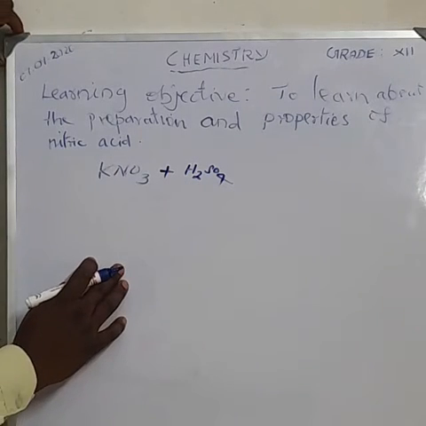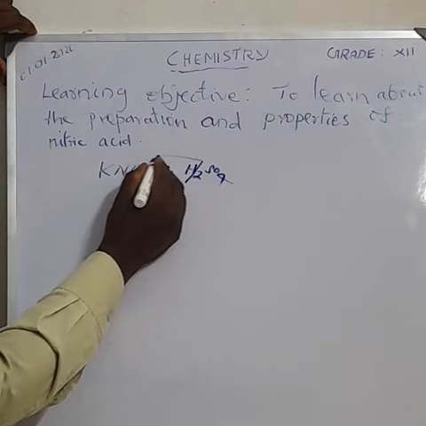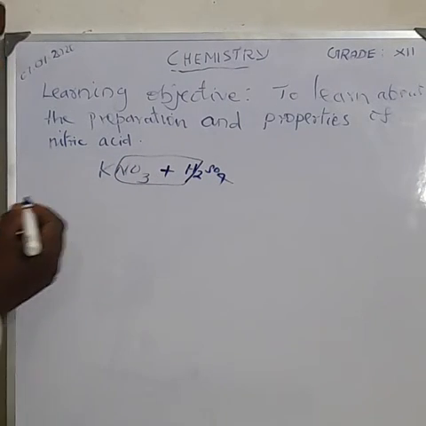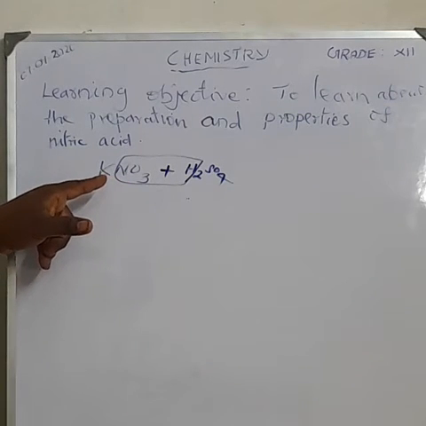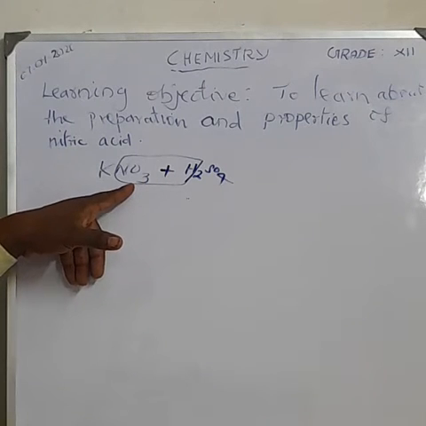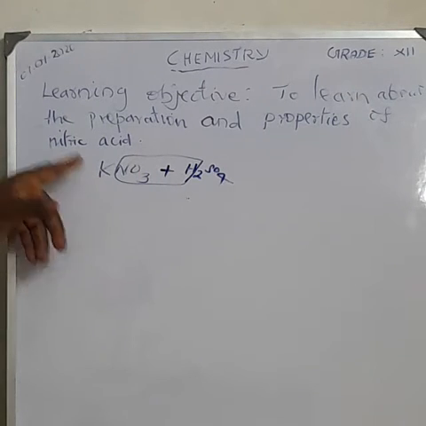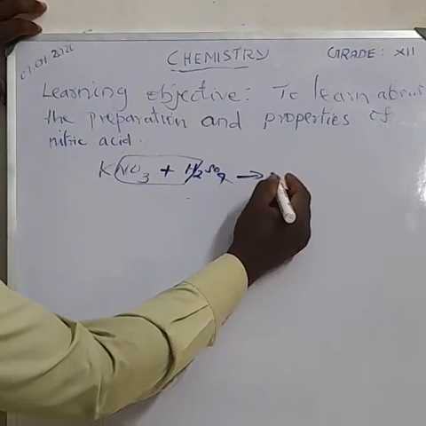So what's the product? One of the hydrogens combines with NO3. The product is HNO3. What is the formula for nitric acid? HNO3.